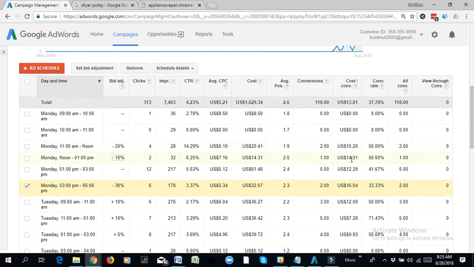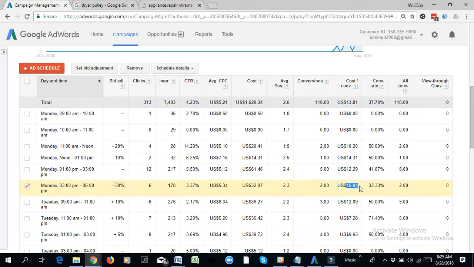And for noon to 1 at 14, still looking okay. This one to 3 is very good.